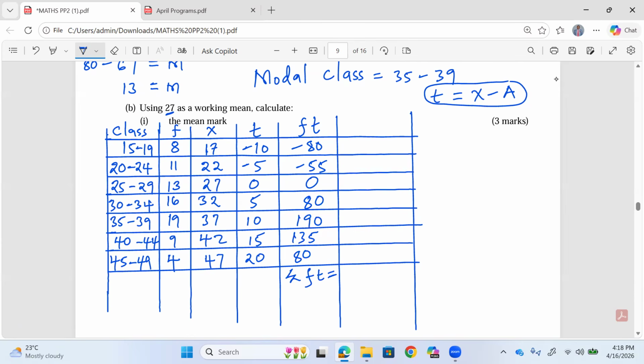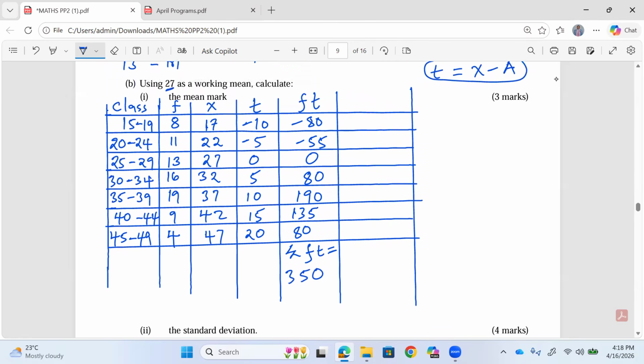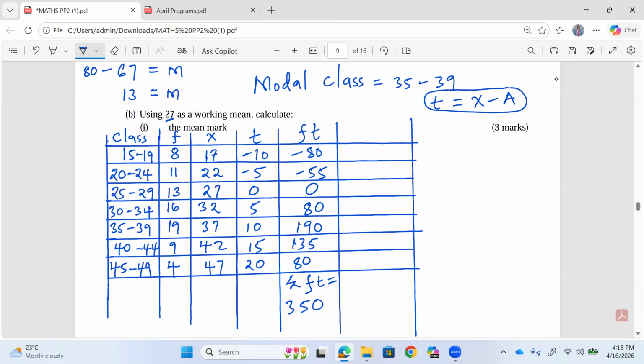And this is going to be exactly 350. Please confirm whether we are computing the right thing. This is 350.